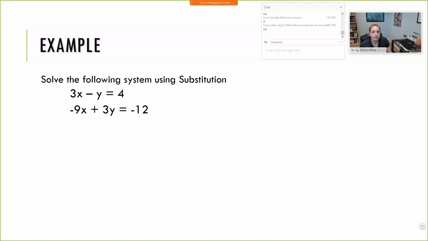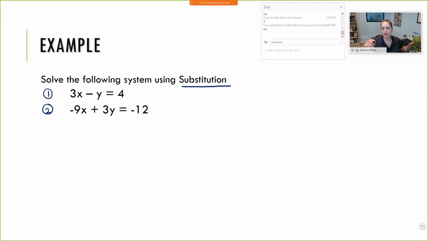So let's say you're solving the following example. And we're going to use substitution to solve. Now, remember substitution, you have to get a variable by itself. Is there any variable that jumps out at you that you're like, maybe we could solve easiest for that variable?